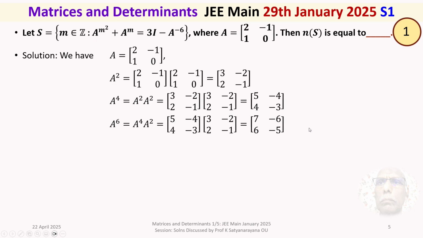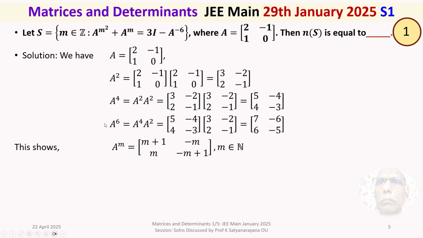So what are we trying to say? This shows that A power M is equal to M plus 1, minus M in the first row, and M, minus M plus 1 in the second row, for M belongs to the set of natural numbers. You can verify.